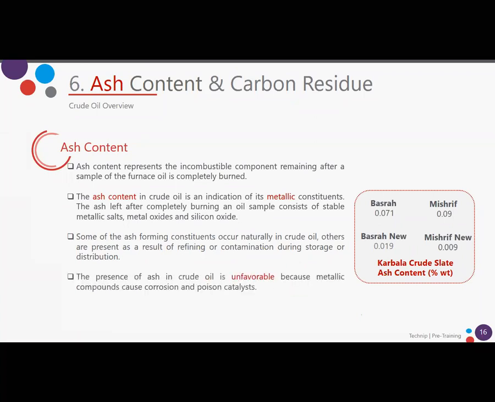The presence of ash in the crude oil, that is an indirect measurement of the metal content, is unfavorable because these metallic compounds cause corrosion and poison the catalysts that we will use in the refinery processes. Also, the higher the ash content is, the higher the tendency of the crude oil to form sludge or sediment. Okay, so all of these are important, but this ash content is also quite important.